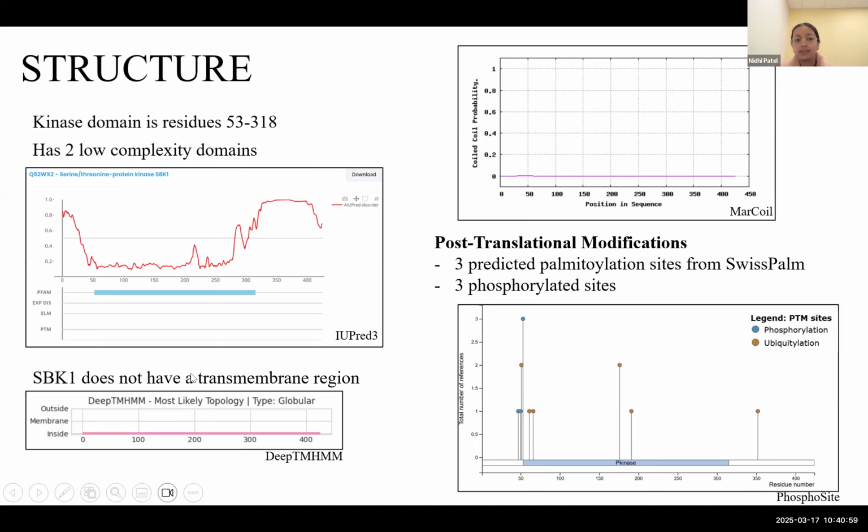SBK1 does not have a transmembrane region, as shown on the DeepTMHMM database, and it does not have any coiled coils either. As for its post-translational modification, SwissPalm was able to predict the palmitoylation sites on cysteine residues 5, 16, and 17. It also has phosphorylated sites, as shown here from the PhosphoSitePlus database.